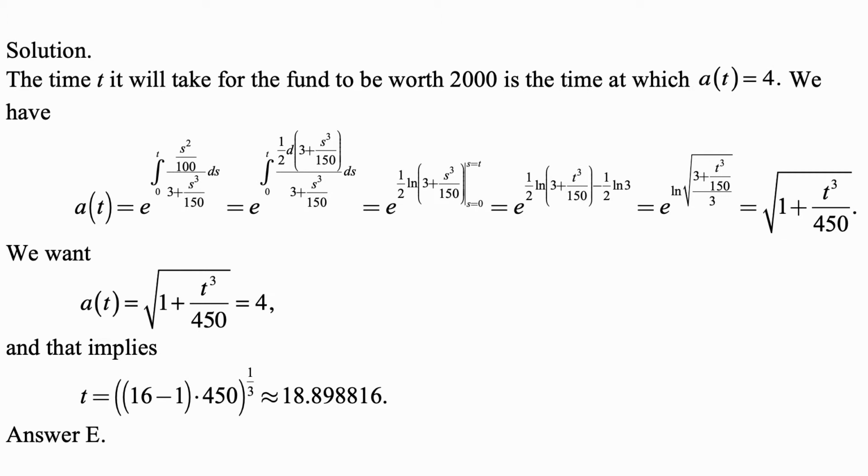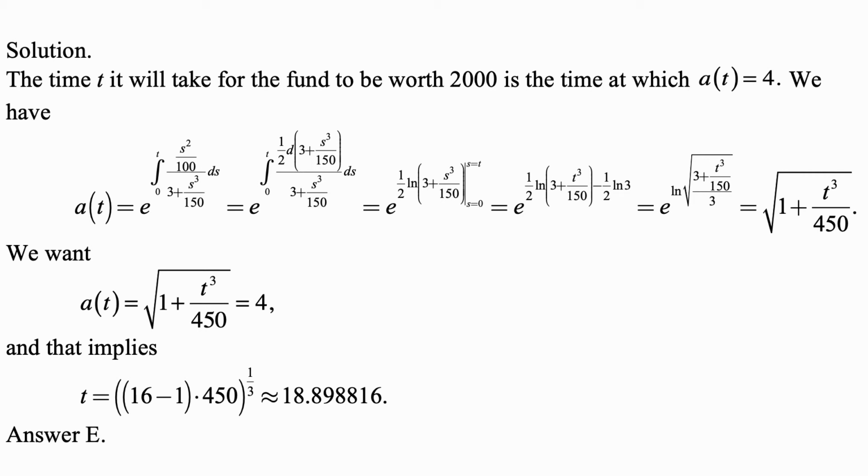And then if we divide the top and the bottom of this fraction by 3, that fraction under the square root sign simply becomes 1 plus t cubed over 450, and e to the natural logarithm, well, these are inverse functions of each other, so this whole expression is simply the square root of 1 plus t cubed over 450. And we want this a of t, which is the square root of 1 plus t cubed over 450, to be equal to 4.